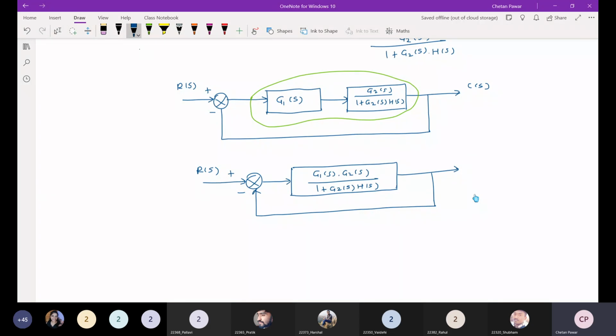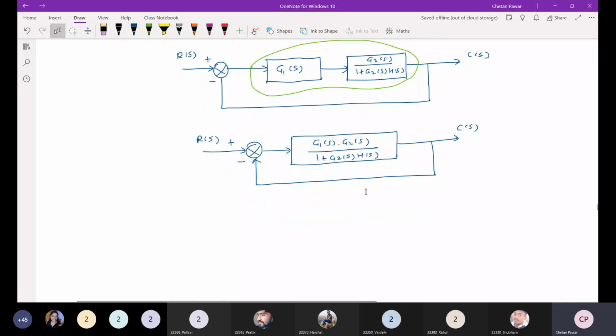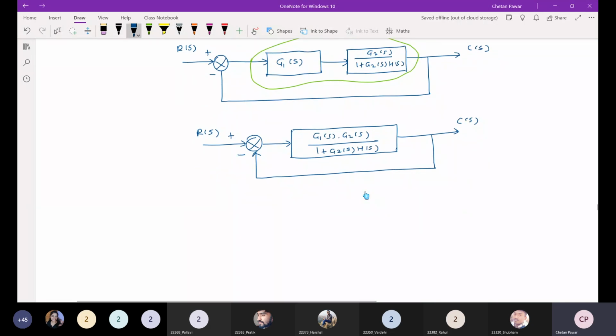Okay. And finally, this is the last closed loop form. So here the forward path gain is this, and the feedback path gain is how much? One, because this single line is there, right?